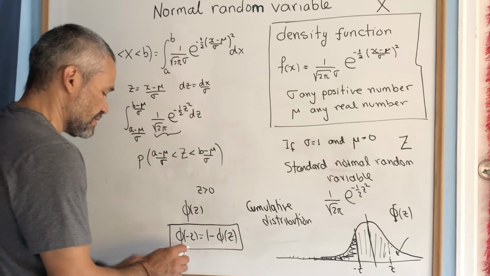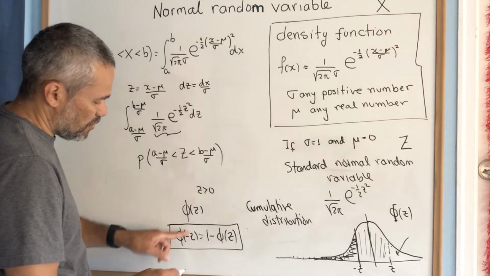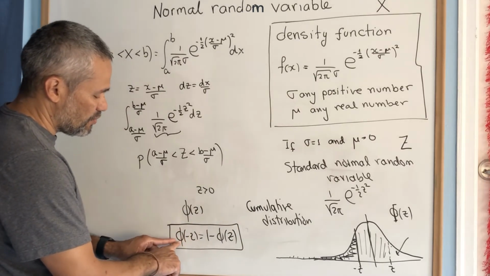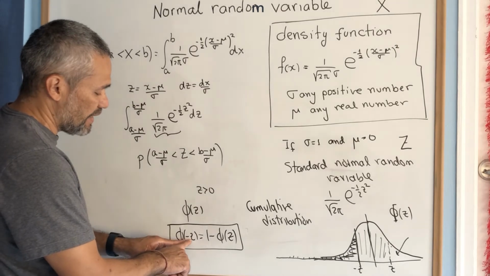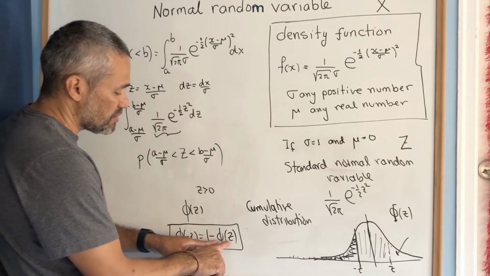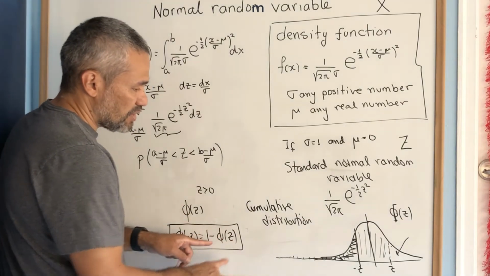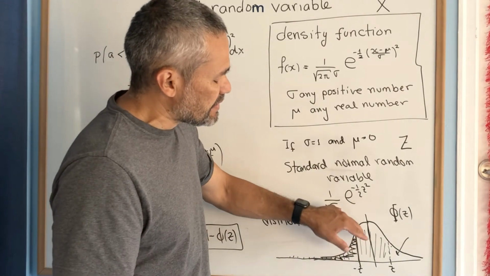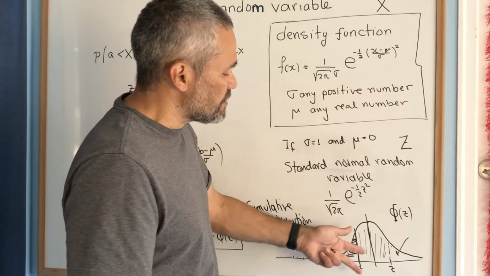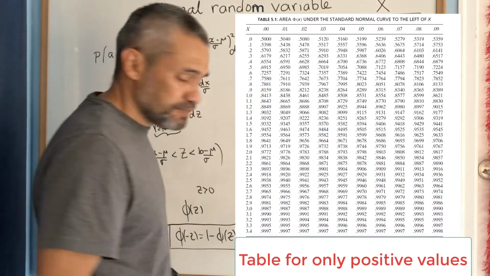When c is positive, then negative c is negative. If you want to evaluate a cumulative function at a negative number, it's just 1 minus the cumulative function at the opposite, which is positive. That means that we need just that table for values of c that are bigger than 0.